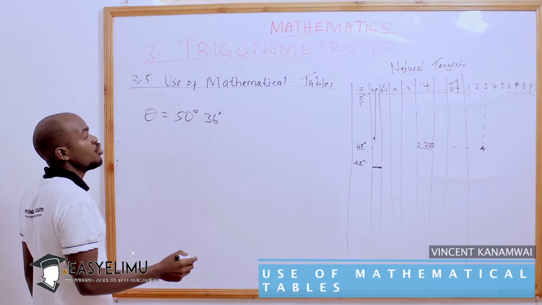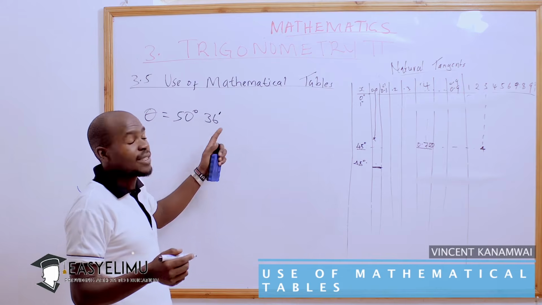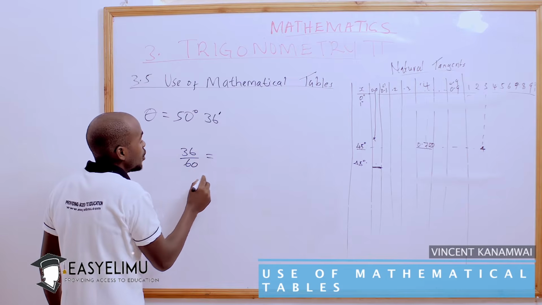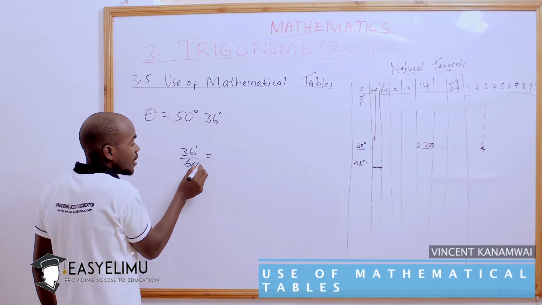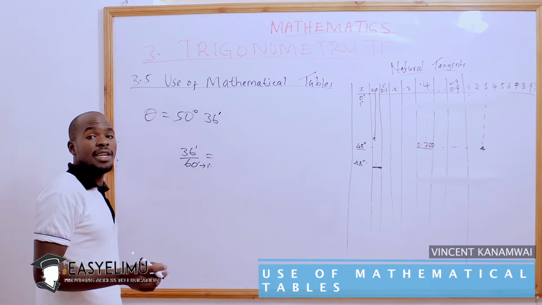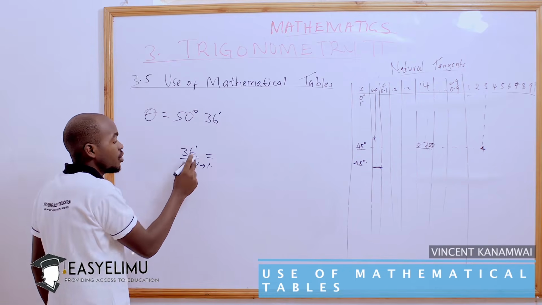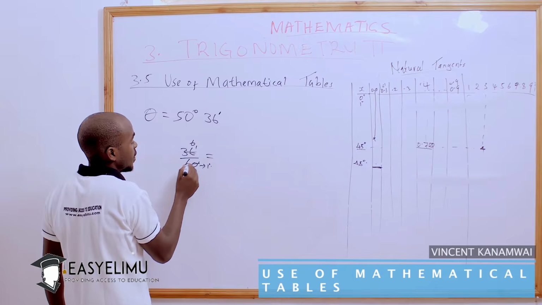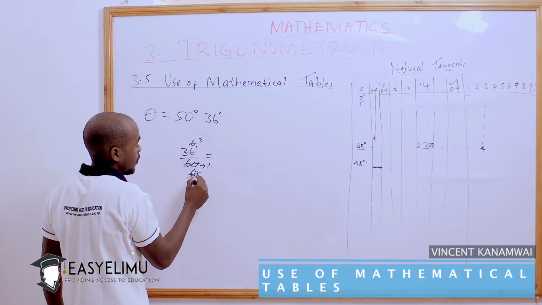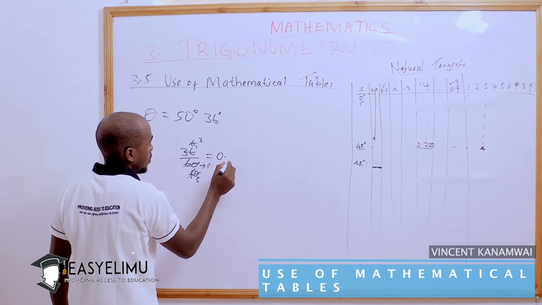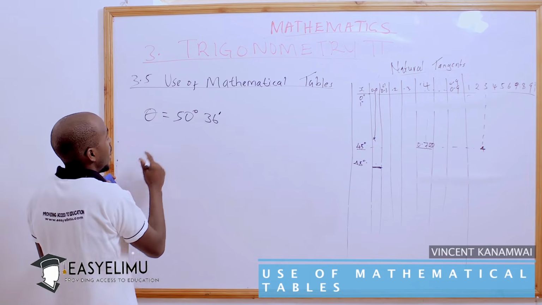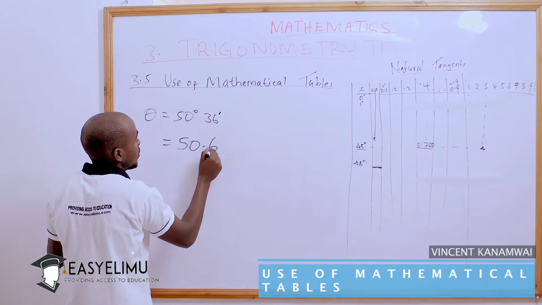So if you need to know how many degrees are there in 36 minutes, you take 36 and divide by 60, since 60 minutes is equivalent to 1 degree. Doing that, you are going to get 0.6. So you will find the angle now turns to 50.6 degrees.